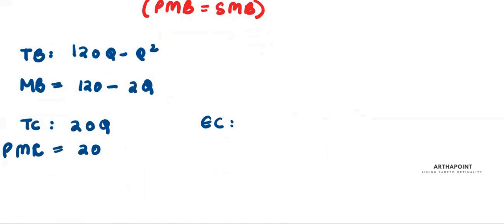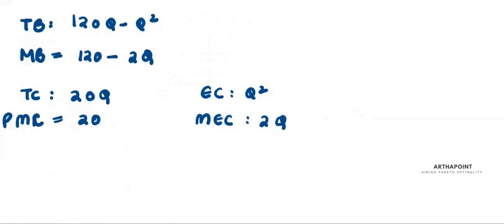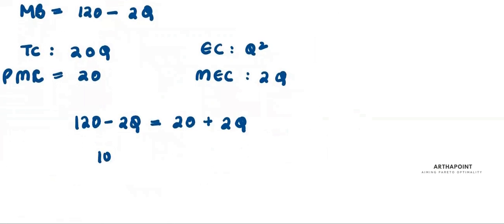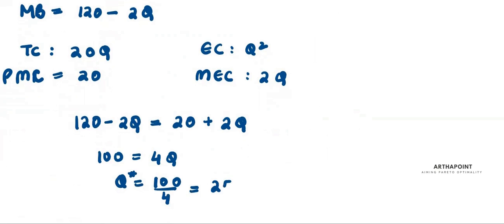External cost is given to you as Q square, so at the margin, the external cost would be 2Q. Now, marginal benefit should be equal to private marginal cost plus marginal external cost. So we will get 100 is equal to 4Q, and we will get socially optimum output as 100 by 4, which is 25.